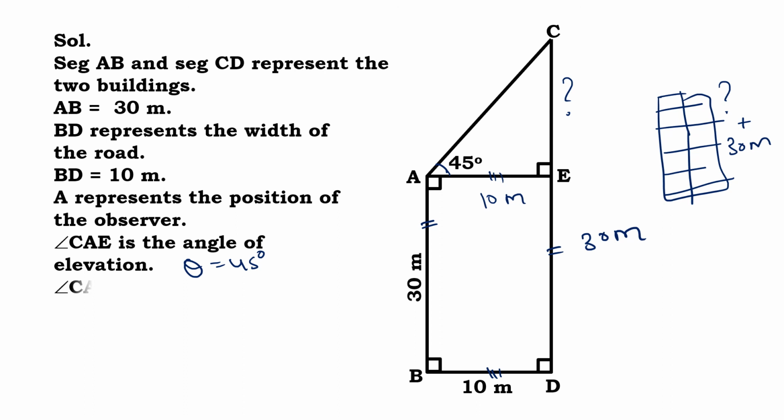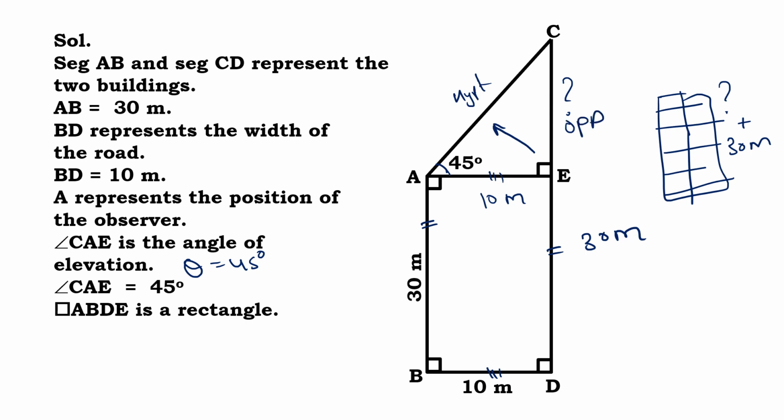Now as you can see over here, if it's 45 degree and this is 90, opposite of 90 will give you the hypotenuse. The side opposite the angle is the opposite, and the remaining side is the adjacent side. So we need a formula that uses opposite and adjacent. So none better than tan theta.